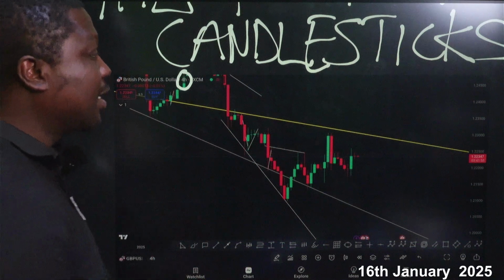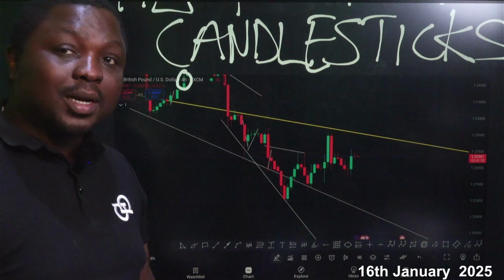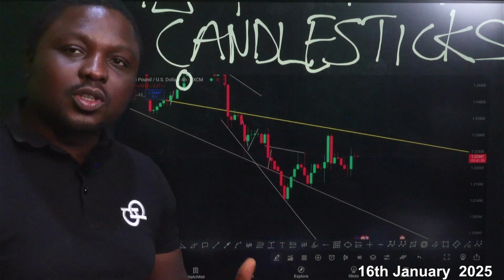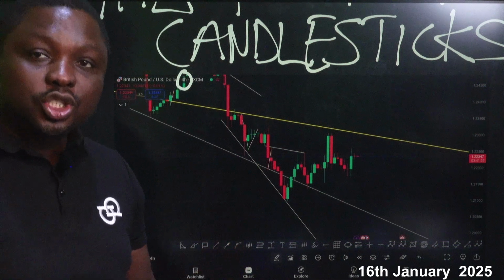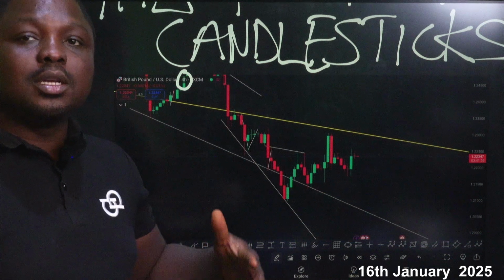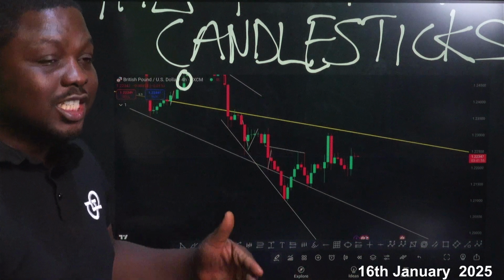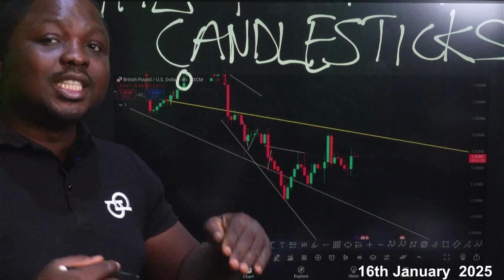If you don't know the meaning of candlesticks, you don't know the power of candlesticks. There are different types of candlesticks, and let me talk about a few of them. There's what they call a bearish candle and a bullish candle. A bearish candle means that the closing of the candle is lower than the opening.